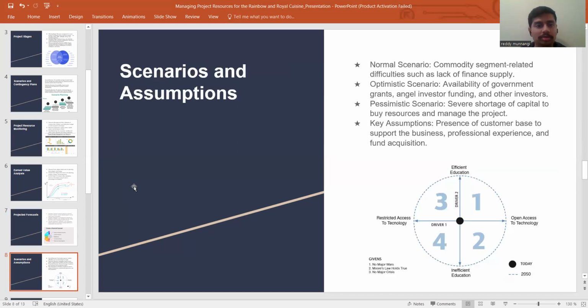The next slide is scenarios and assumptions. As I discussed earlier, there are different kinds of scenarios, optimistic and pessimistic. There are also some key assumptions: the presence of a customer base to support the business, and performance and fund activities.